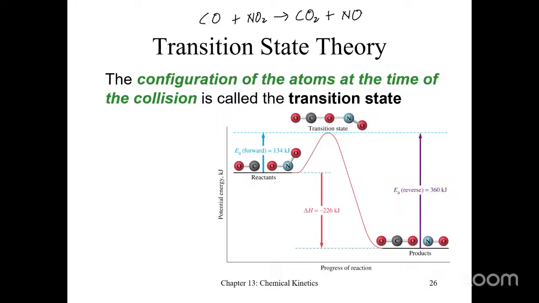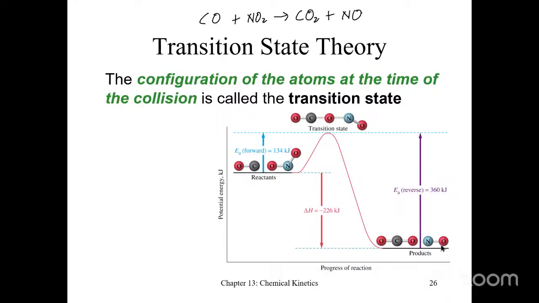So that's basically it as far as looking at the energy changes as you go from the reactants to the products. And you can also look at things going in the reverse direction, right? Now, going in the reverse direction, again, the activation energy would be the difference between the reactants and the transition state energy. If you're going in the reverse direction, these products would now be the reactants, which means that the activation energy would be the difference between the energy of the product here and the transition state.